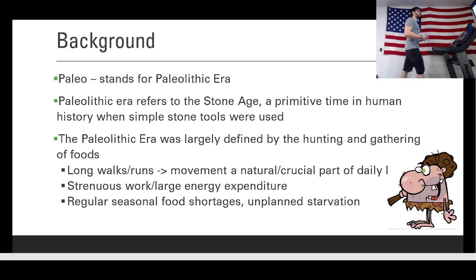So there were definitely going to be seasons, periods of time where food was not in abundance. And that's very similar to what you see now in the animal world. You hear that all the time anytime you're watching a documentary around that. So that's really the era that we're talking about here, right?